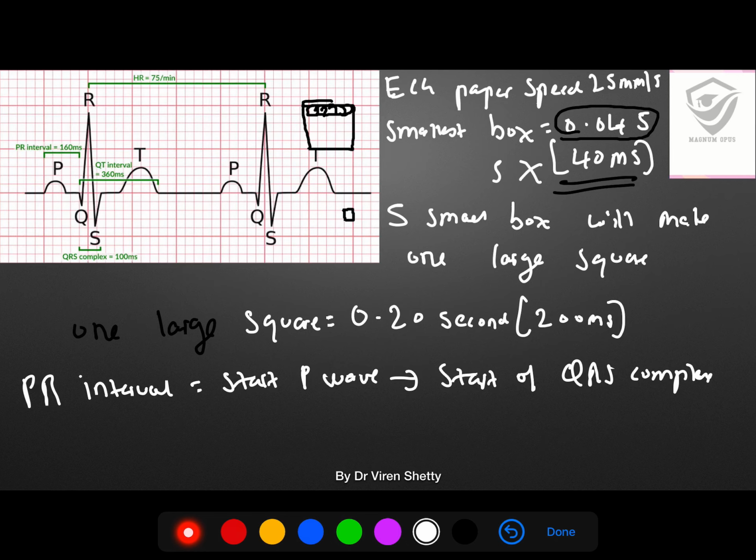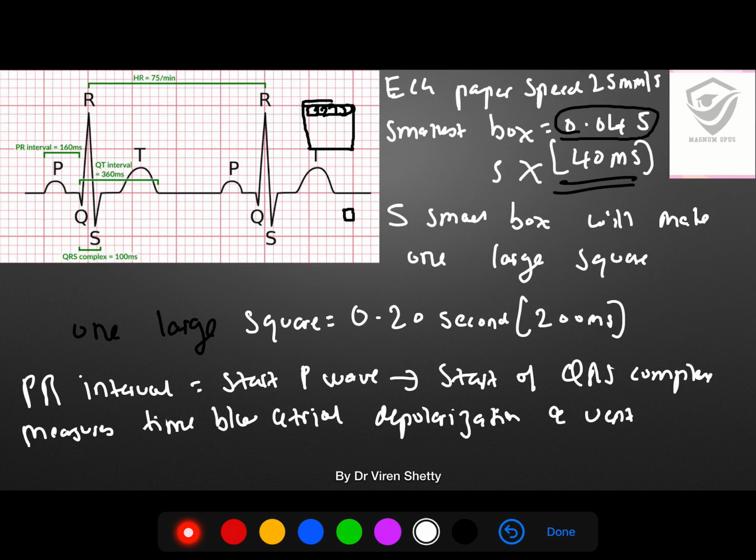PR interval measures the time between atrial depolarization and ventricular depolarization.